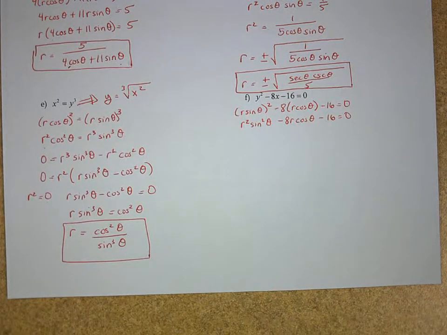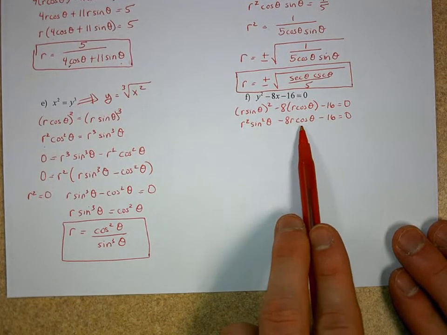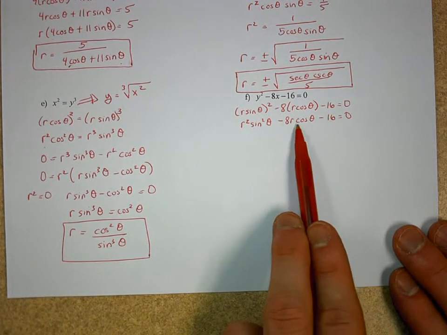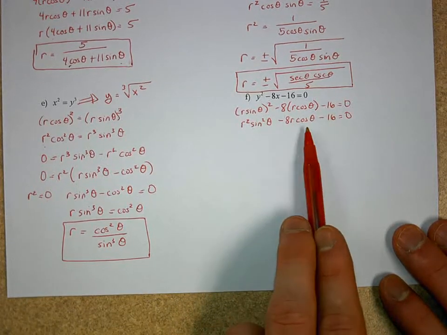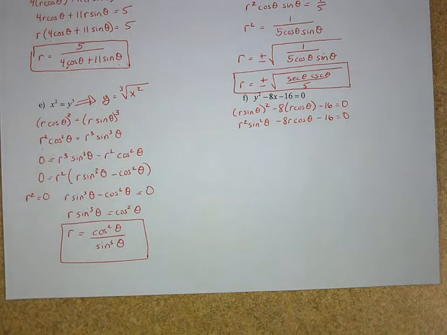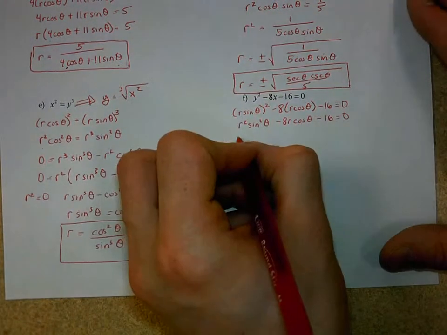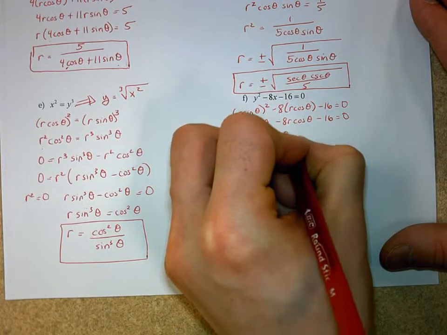Now, just as we did in our previous chapter when we solved for equations, we want to have everything in terms of this middle term. It'd be great to have everything in terms of cosine of theta. Is there a relationship for sine squared of theta that's tied to cosine? And we know that 1 minus cosine squared of theta is sine squared. So just as we did before, we'll do a substitution step.